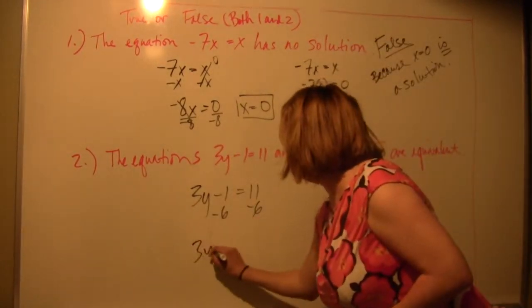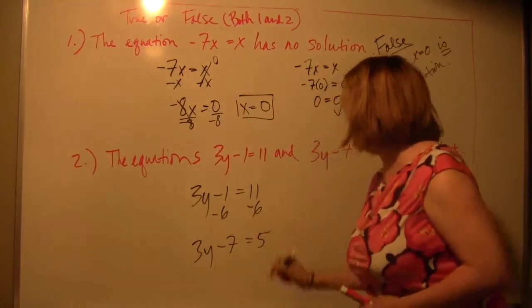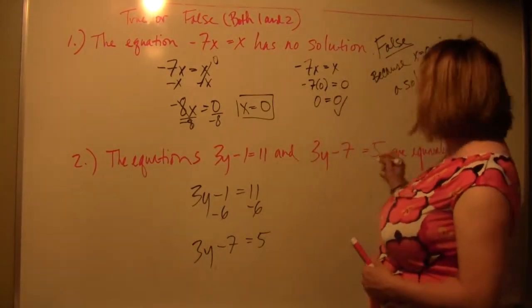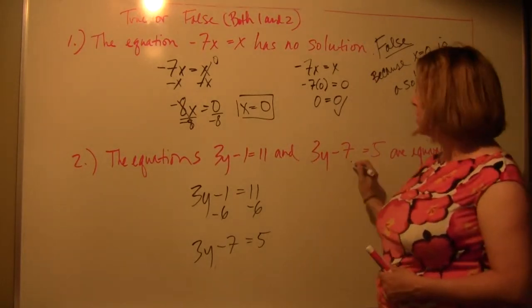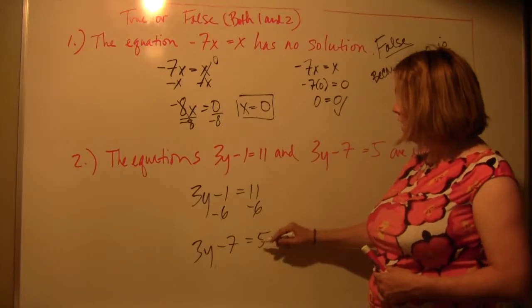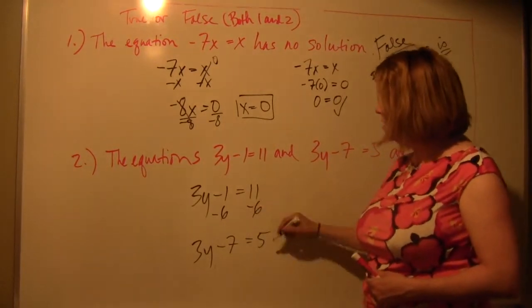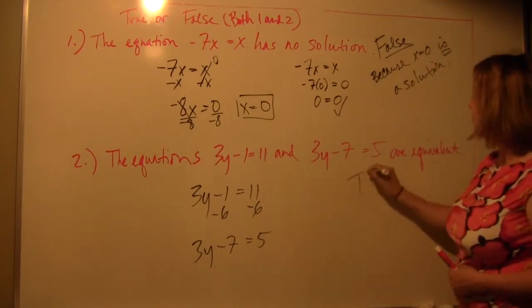So I end up with 3y minus 7 equals 5. Look at that. We get this equation. So they are equivalent. When you do the same thing to both sides, get another equation, these 2 are equivalent. Okay, so this would be true.